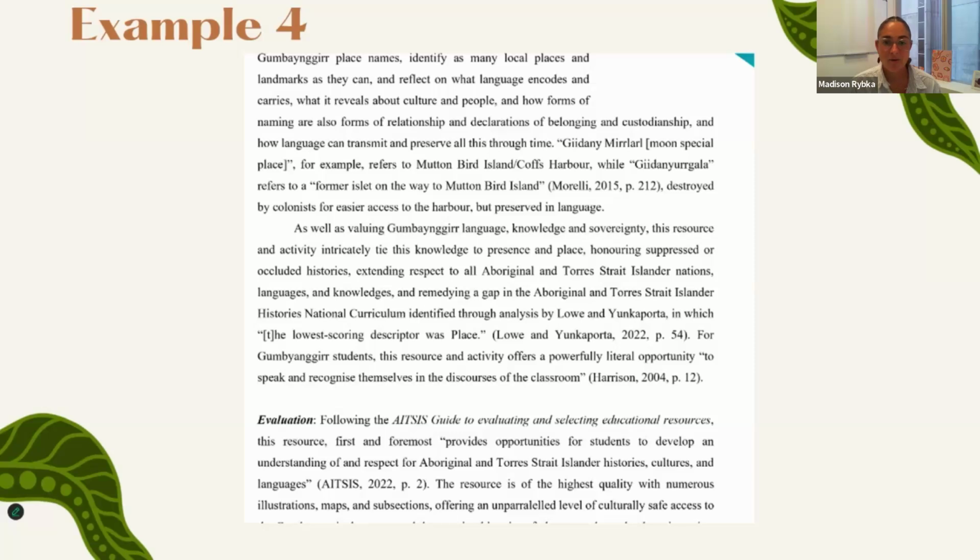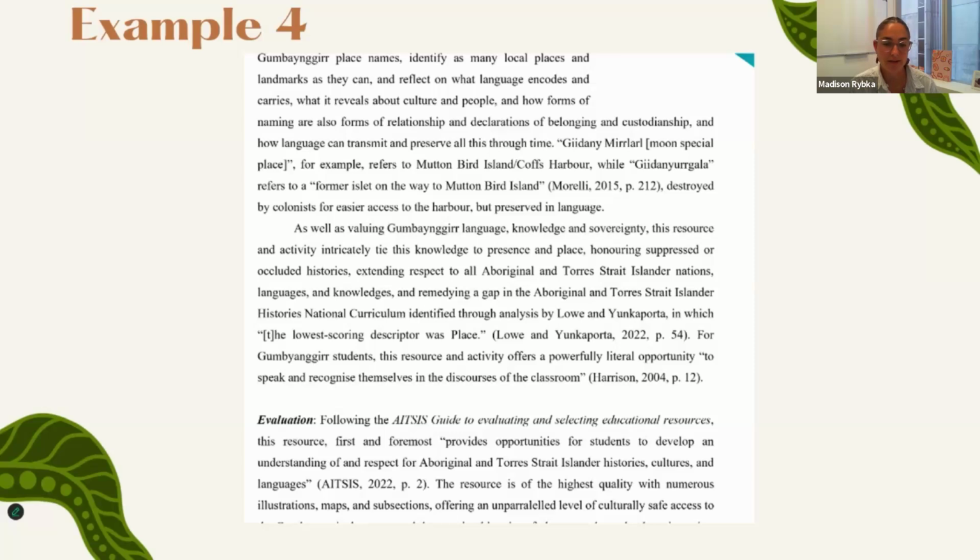And then they speak about how they would use this book within a lesson, talking about identifying local places and landmarks and reflecting on that language, looking at relationships and declarations of belonging, talking about not just the language, but using this resource and activity to tie knowledge to present and place.